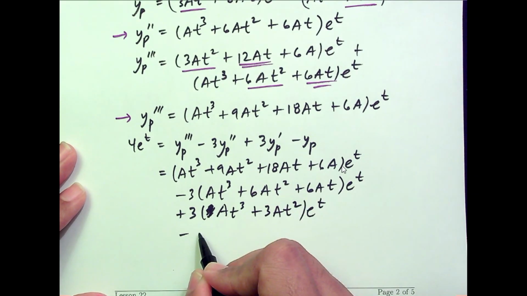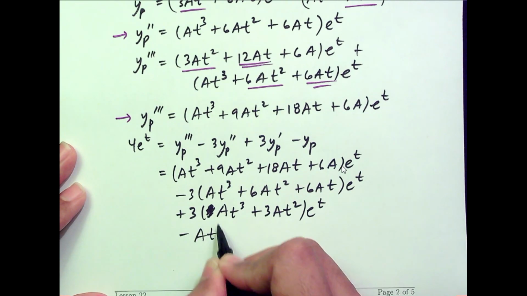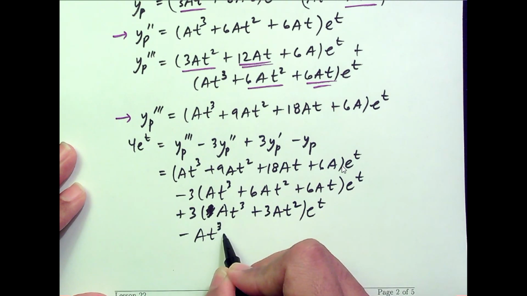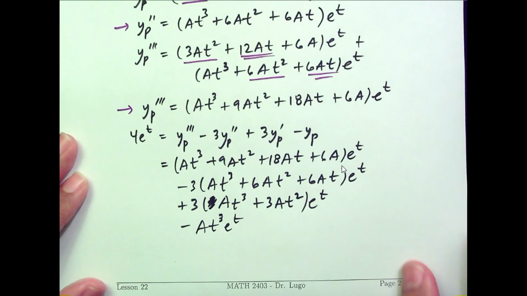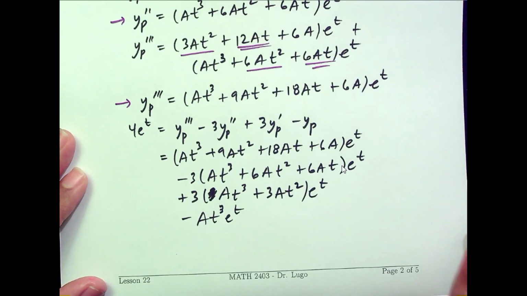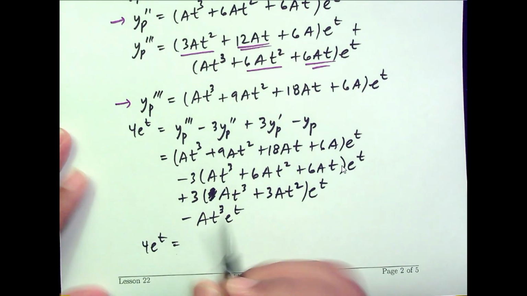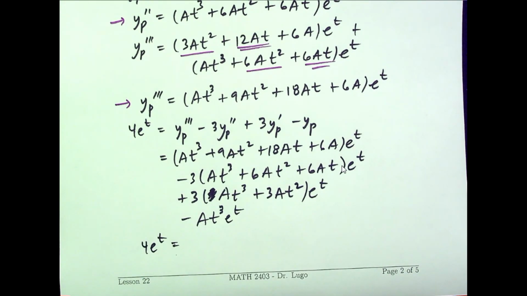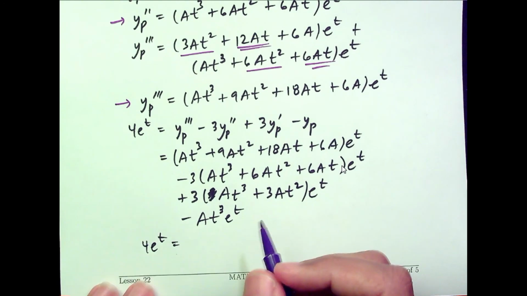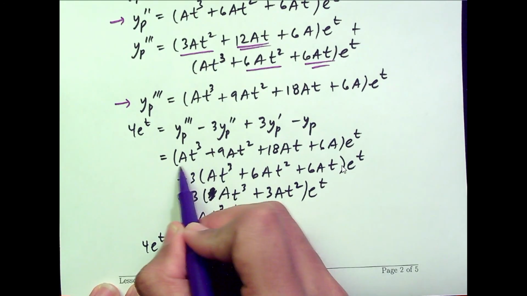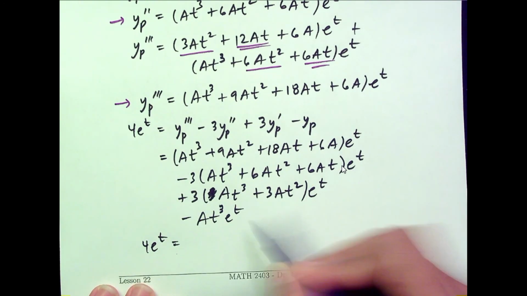Yp was our guess, right? Okay, this is going to simplify nicely though, because there's a bunch of like terms. What are the like terms? First, look at the a t cubed. All of these have a e to the t, so they're all like terms.